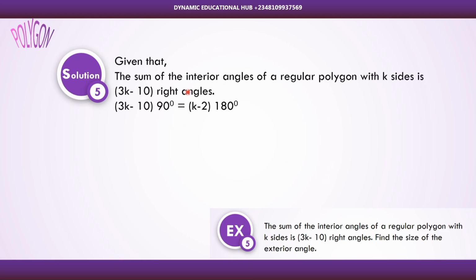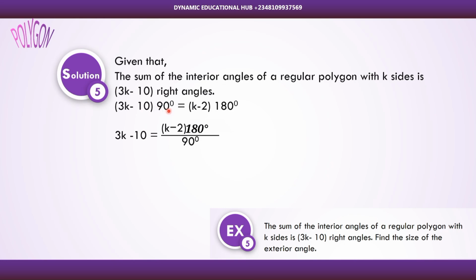For a polygon, the formula is the number of sides minus 2 multiplied by 180 degrees. And in the question, we are told that we have k sides. So now we have a simple equation to solve here. The next thing to do is divide both sides by 90 degrees.